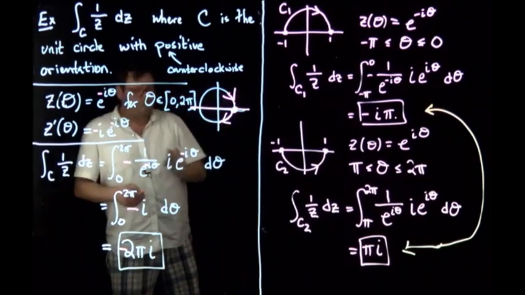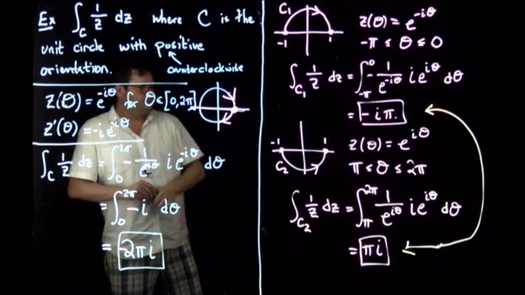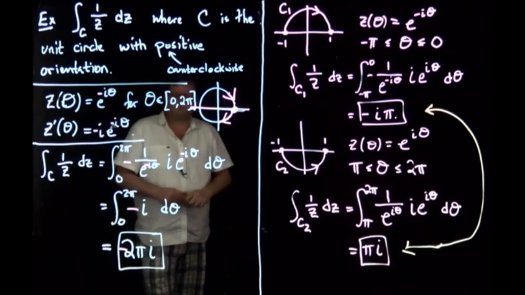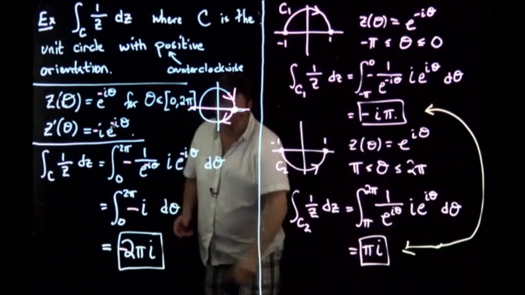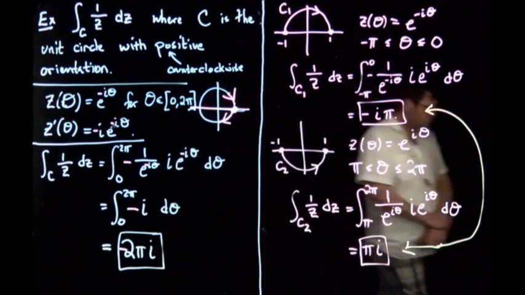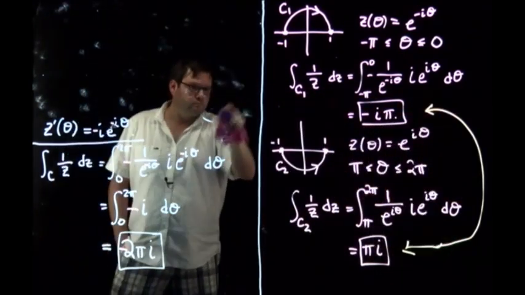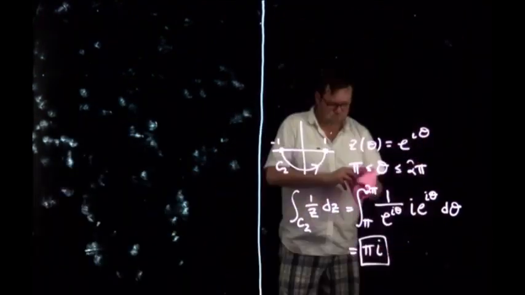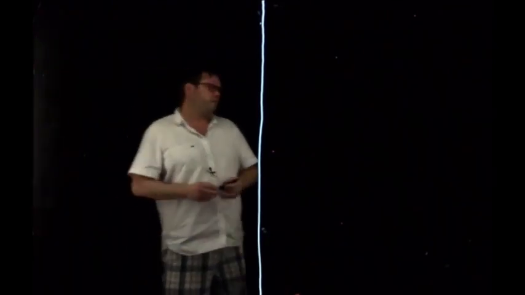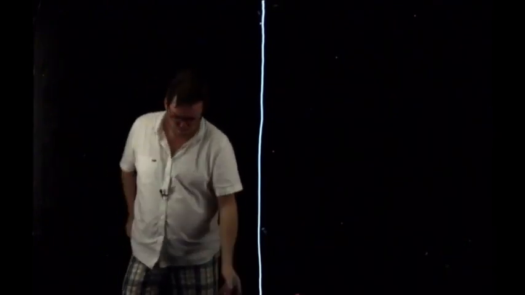Let's erase this side of the board now. In fact, I think we can erase all of the board, and we're going to do another example. What we just saw was that when we were integrating the function 1 over z from -1 to 1, the path mattered.